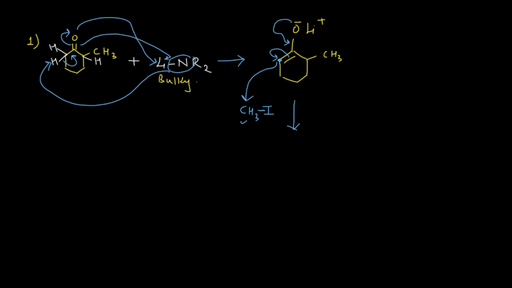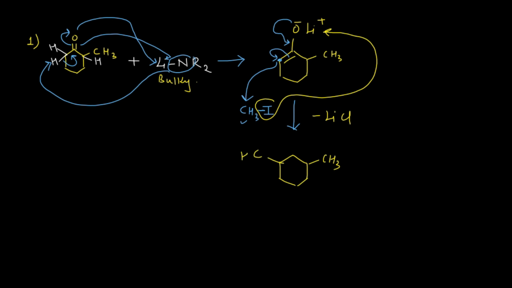Okay, and what will happen in that case? Then this negatively charged species will grab the lithium from here, that means minus LiCl, and then you will have your product, and your product would be your CH3 here, and this is another CH3 here, and this is your carbonyl compound.